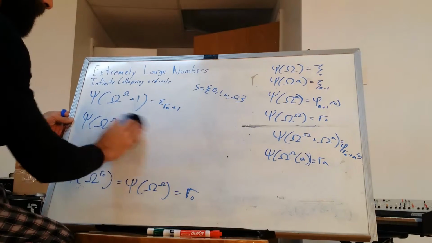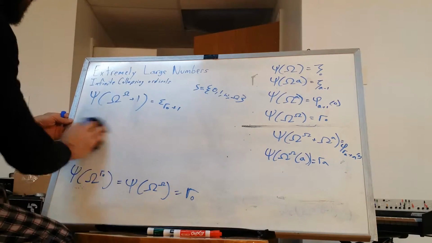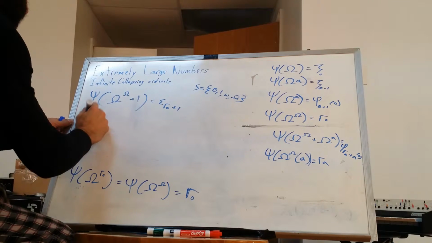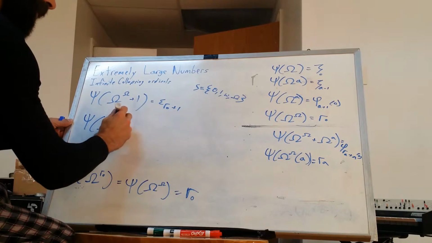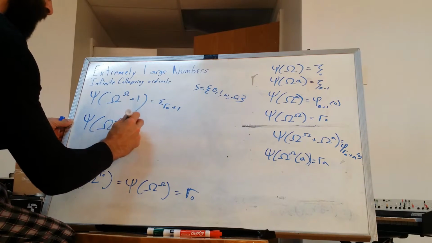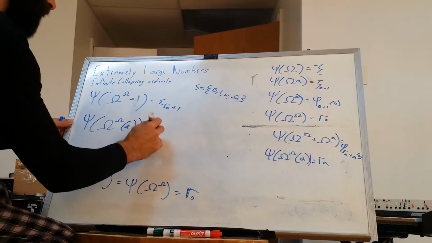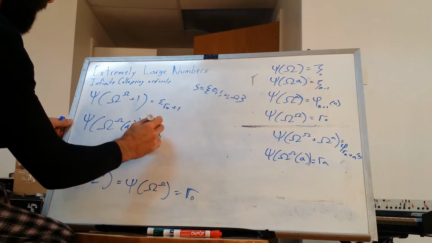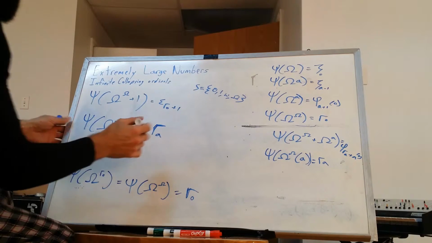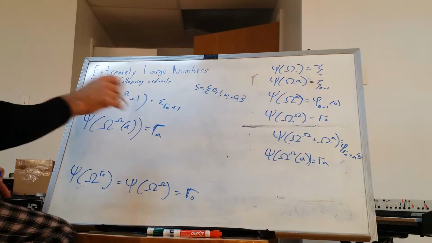This one I know for sure. So psi of gamma to the gamma all times a. That's a way of writing down the fixed points of the gammas. So gamma of a. You could think of this as kind of like a gamma building function.